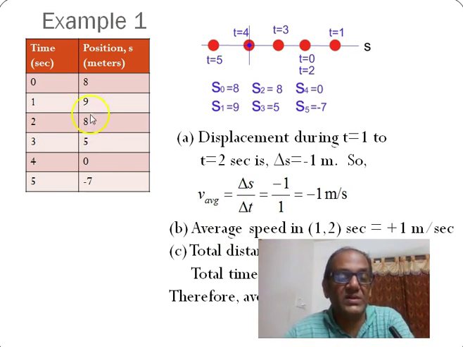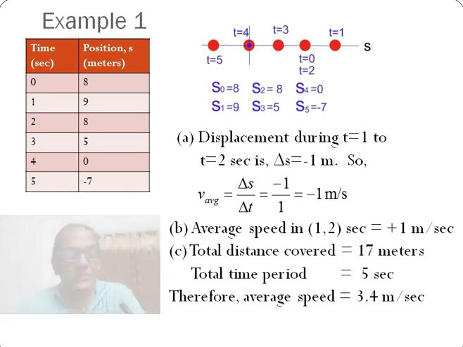Note that we are always taking the difference in the same direction. 8 minus 9 divided by 2 minus 1. So average velocity is minus 1 meters per second. The average speed is magnitude of this, which is 1 meter per second.